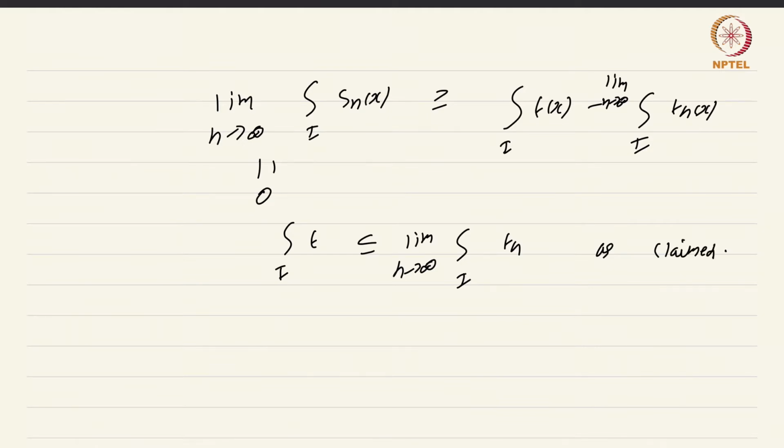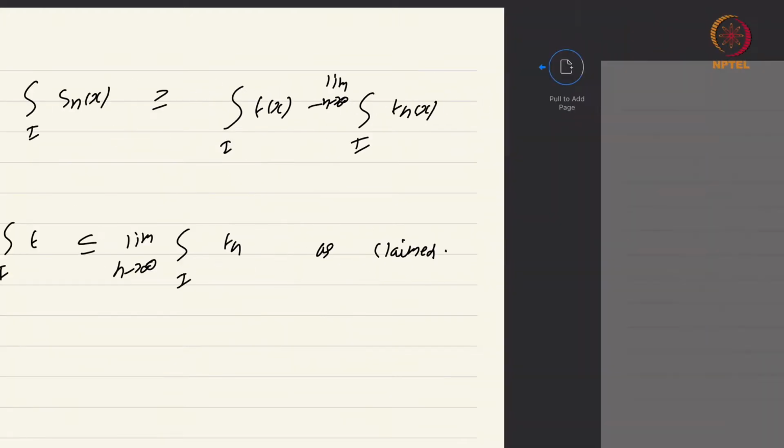With this basic lemma in hand, we can now define upper functions, which is going to be a class of functions, and we can define the integral for upper functions. So the definition is as follows.